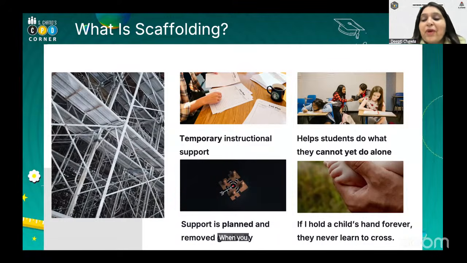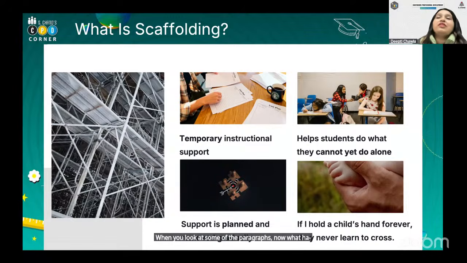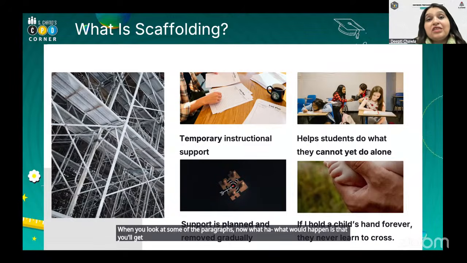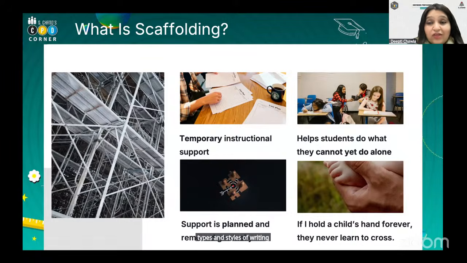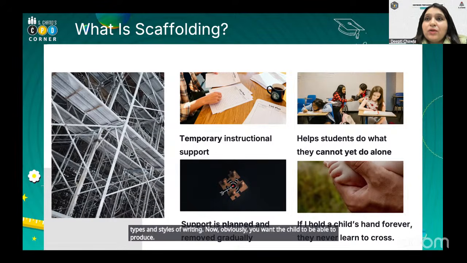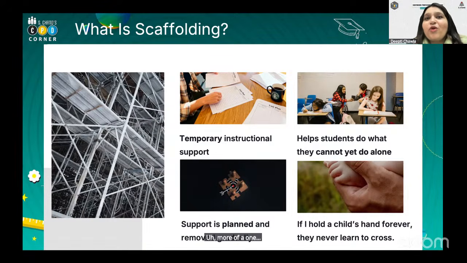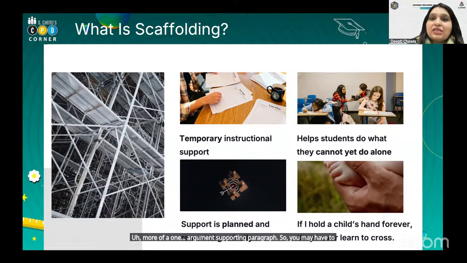When you look at some of the paragraphs, you will get varied types and styles of writing. Now obviously you want the child to produce a paragraph that supports one argument. So after they write, you provide that support, and then ask them to rewrite it.